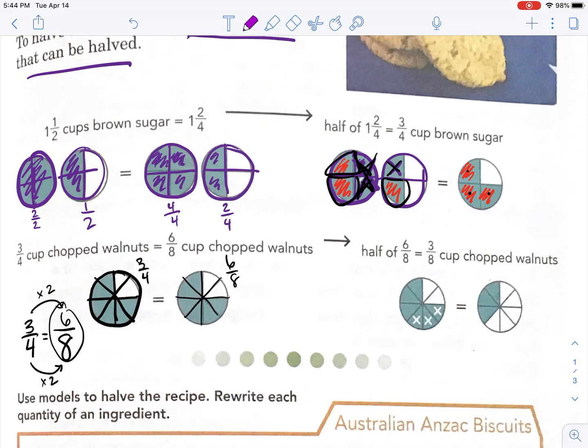So I have 6/8. I'm going to take away, what is half of 6? Well, 1, 2, 3, 4, 5, 6. I'm going to get rid of half of those. 1, 2, 3. What am I left with? 3. I have 1, 2, 3 left. And here was the half we got rid of. We got rid of 3 over there.